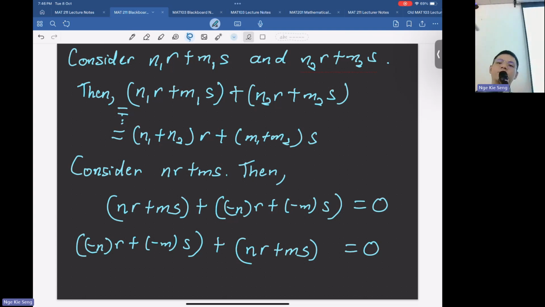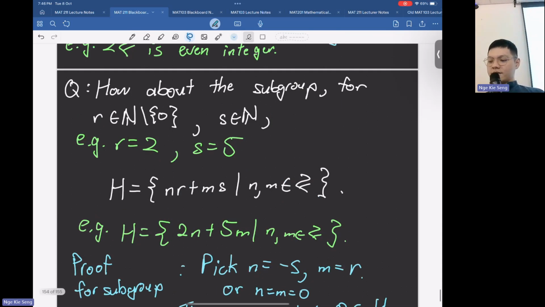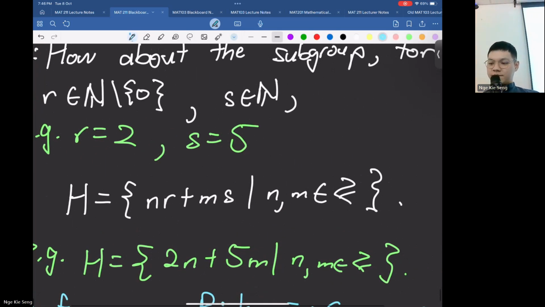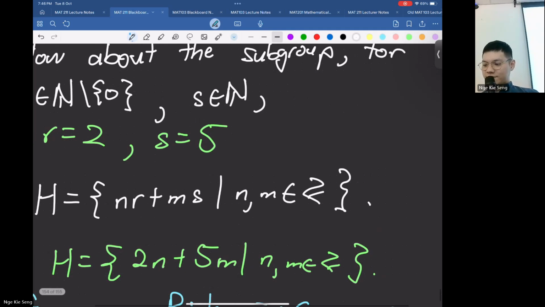But my question to you: just now we proved that every subgroup of a cyclic group is cyclic. So who generates this set here? What's the generator of this set? It should be cyclic, so only one element should generate this group.